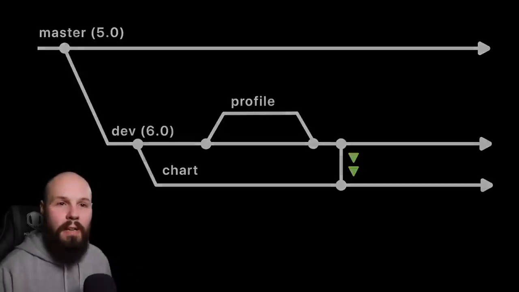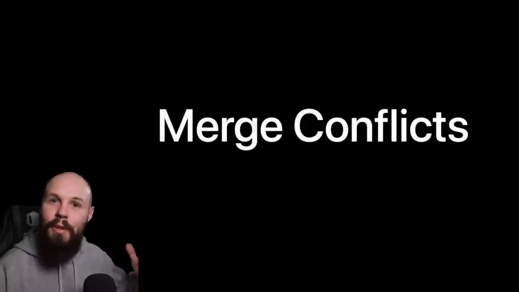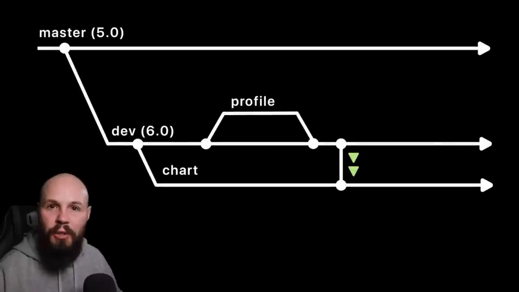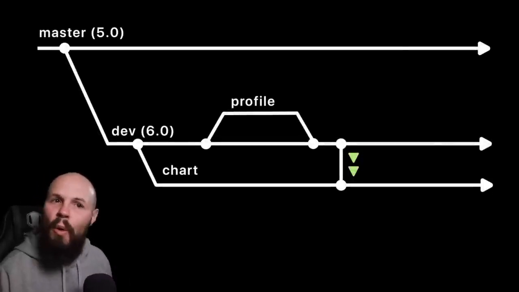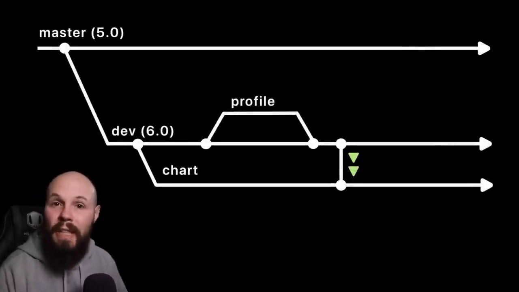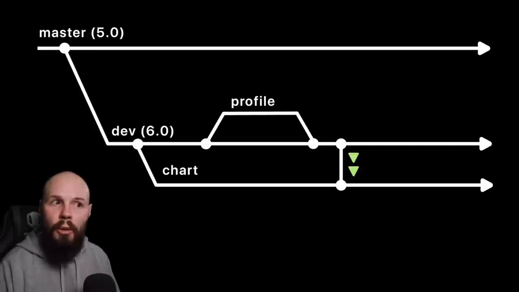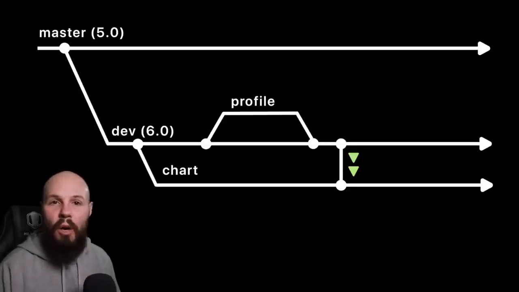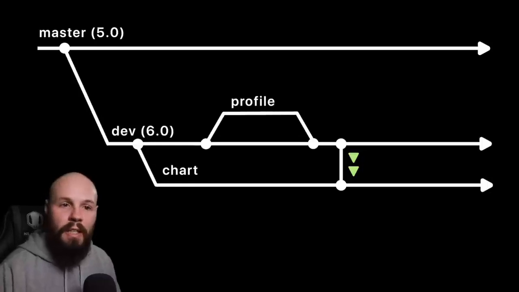Also, what can happen there is something called merge conflicts. You may be thinking this already. If you have multiple developers working on the same code base and then you try to merge it all together, what if you were working on the same screen, in the same line of code? Whose changes get merged? Well, merge conflicts can be a headache, and they do happen with teams. Good communication on what section of the app you're working on is a good way to avoid it, but it can still happen.